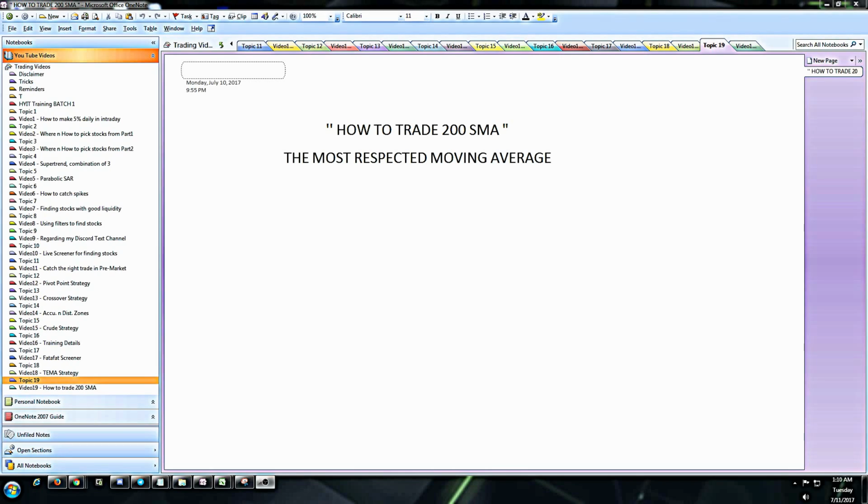Now, how do we trade the 200 moving average? There are two parts to it. One is the buying signal, the other is the selling signal. Let me cover one after the other. Coming to the buying signal, it has two parts: one is the bullish breakout, the second is the support bounce.